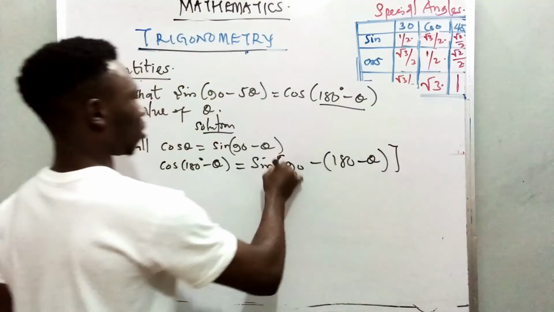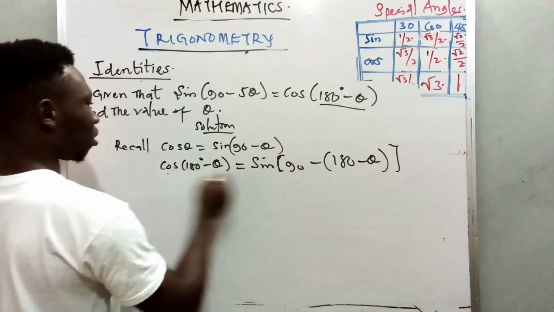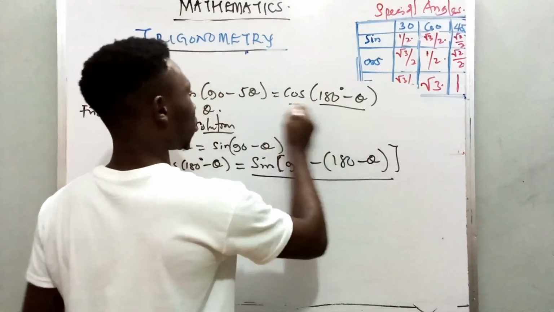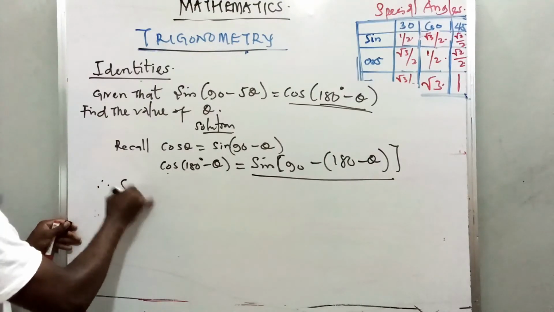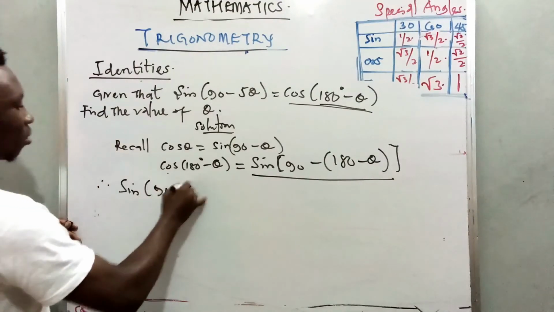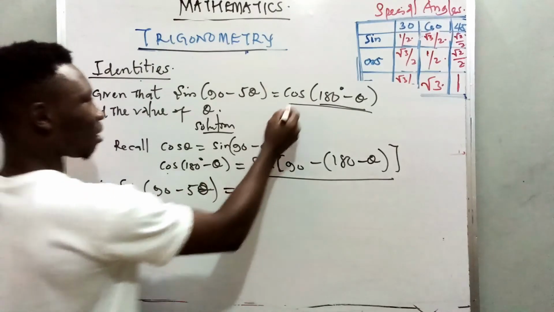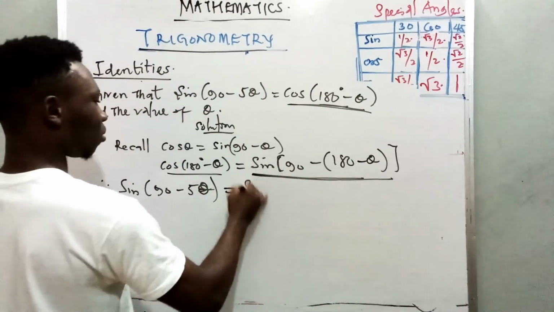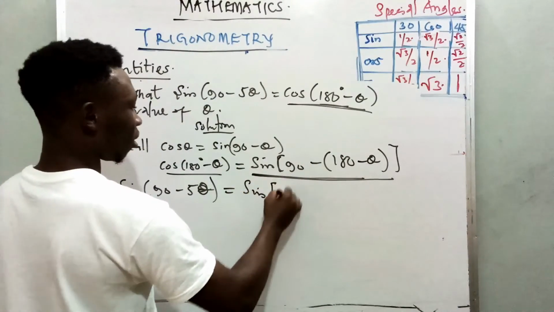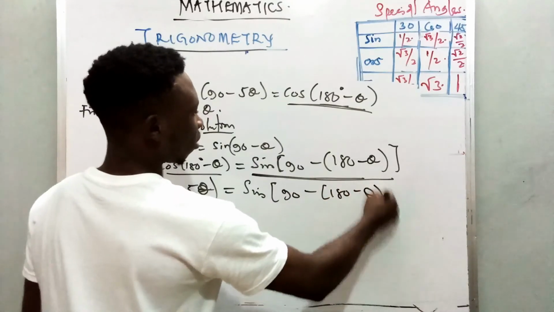Now, with this relation, I can use this to replace this. So, therefore, sin of 90 minus 5 theta is equal to, instead of writing this, I'll not use this, because since this is equal to this, that is sin of 90 minus open bracket 180 minus theta.